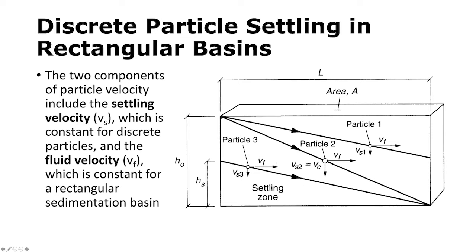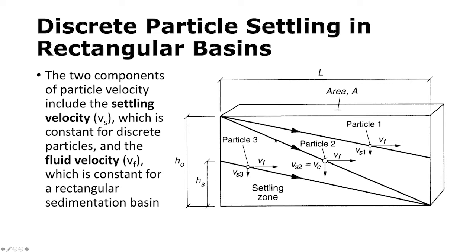Depending on the particle, its properties, and its settling velocity relative to the flow velocity, the outcome differs. Particle 1 is a lighter particle that doesn't settle as fast, so it has a lower settling velocity. It might start to settle, but might never make it down to the bottom before reaching the end of the reactor.